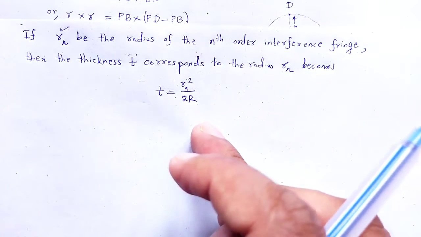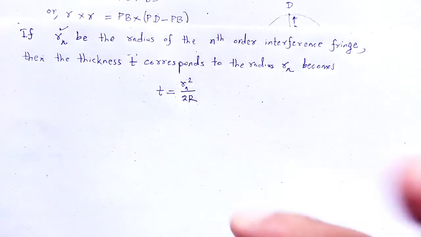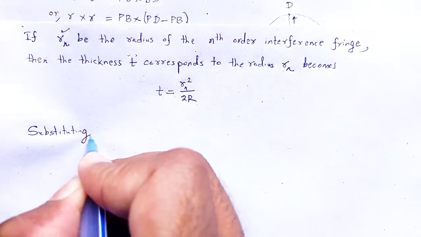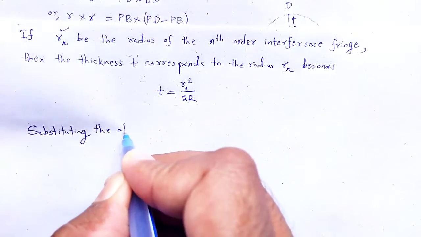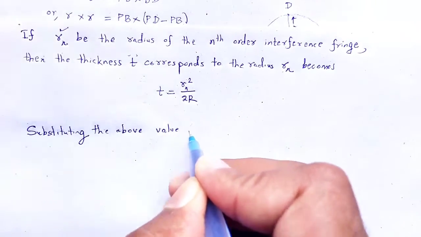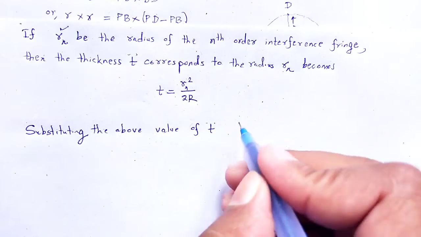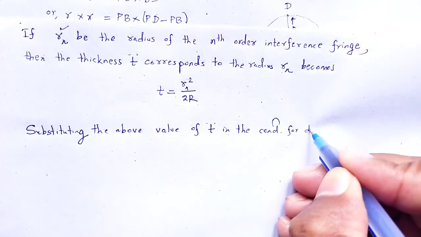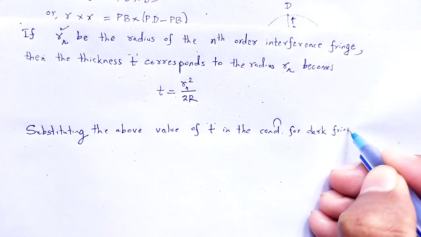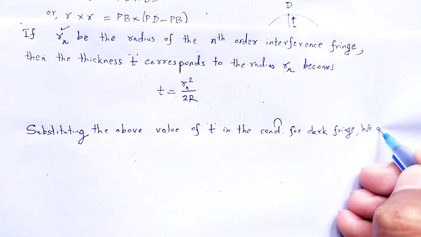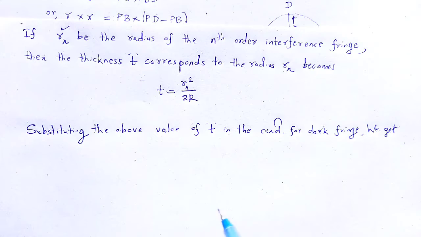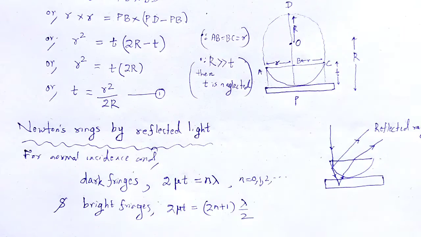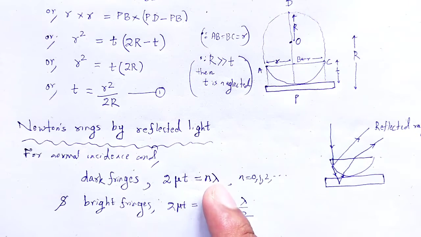Now substituting the above value of T in the condition for dark fringe, we get the dark fringe condition 2 mu T is equal to n lambda.